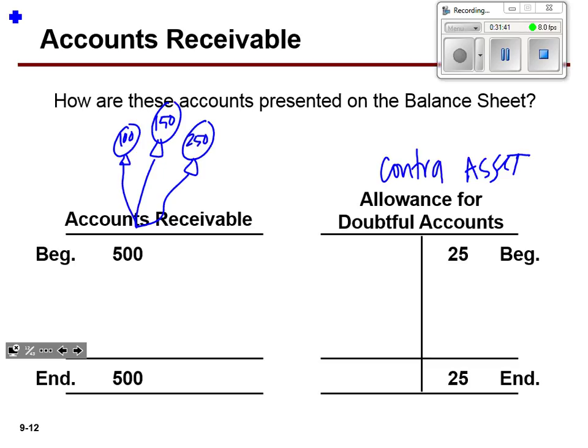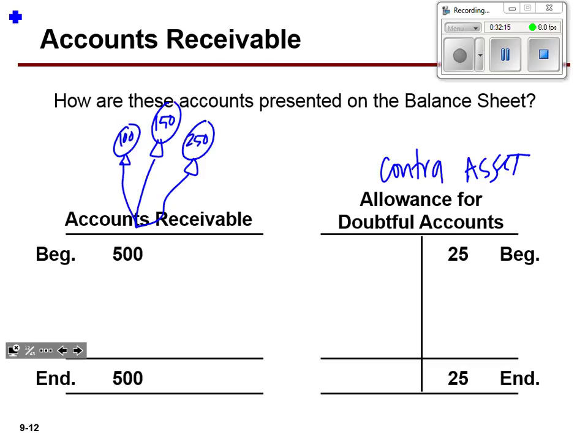Yes. So if I'm running around with my $500 worth of balloons, meaning those people bought from me and they have not paid, we can estimate that we're probably not going to see all that money back. Some upper management person is saying, maybe based on some fancy math, out of $500 we're probably not going to see 25 of that, just because reality strikes and people don't always pay their bill.